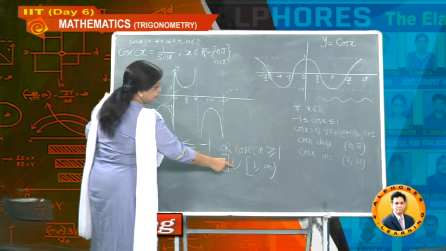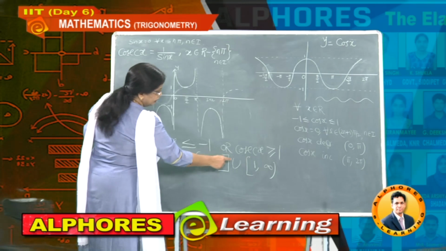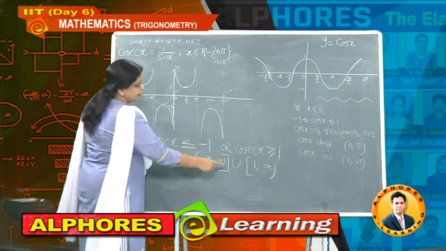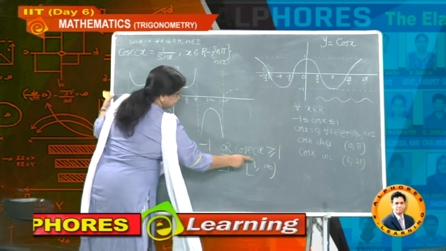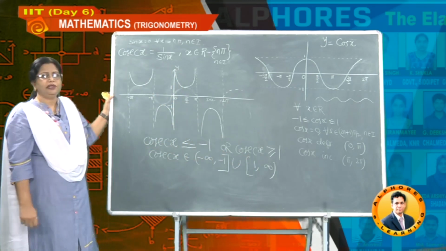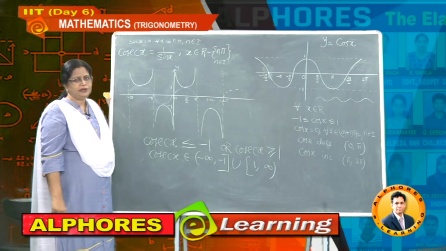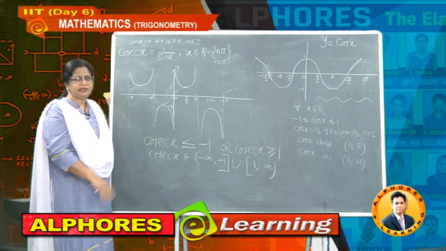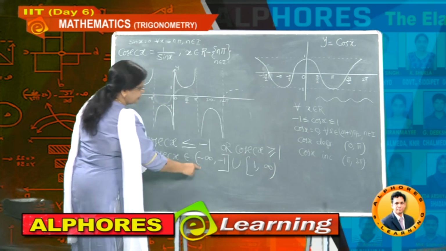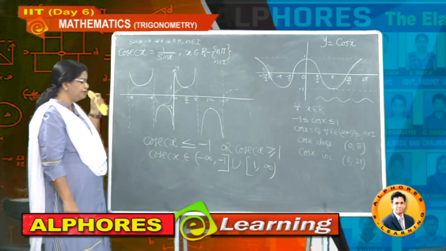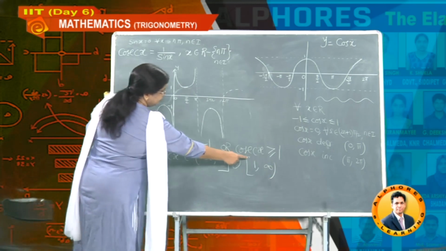Union we usually denote with the symbol. So I used this bracket, meaning including -1, including +1, and I use the parenthesis for infinity and minus infinity because we only use the symbol for the largest or least number. You don't know exactly what the value is. That's why here we kept an open interval, that is the parenthesis. So students, you observe cosecant x belongs to this kind of interval.